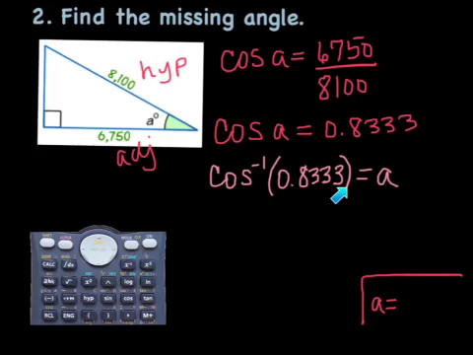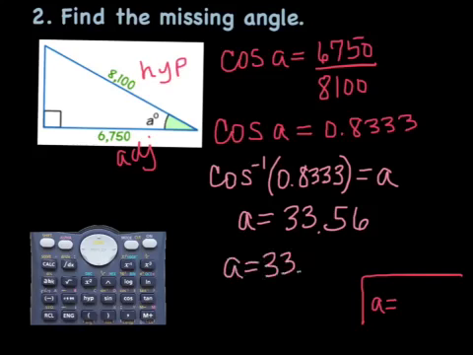And it gives me A to be 33.56 degrees. So let me go ahead and round that to 33.6 degrees. So that is our missing angle. 33.6 degrees. Pretty quick, huh?